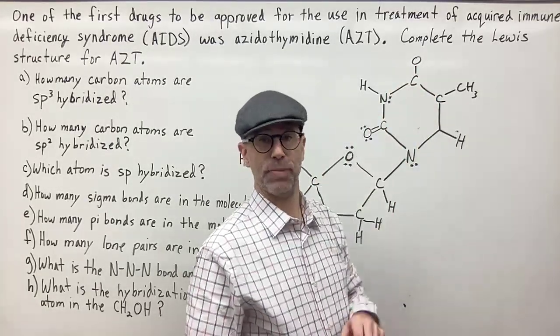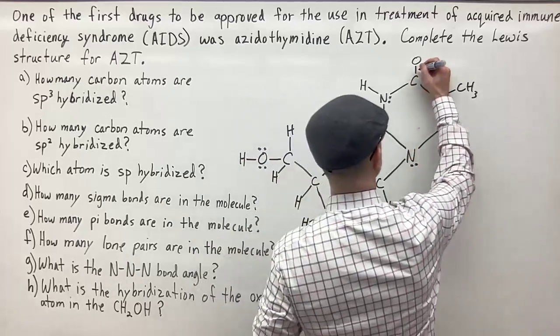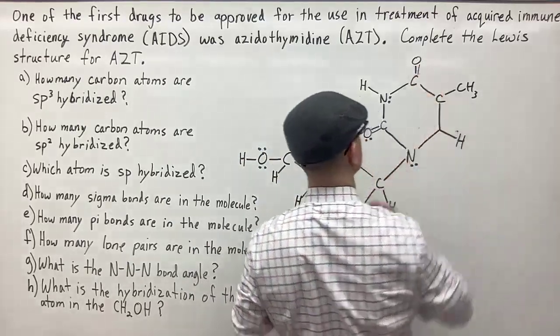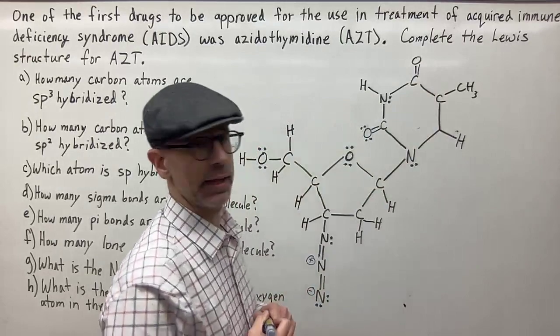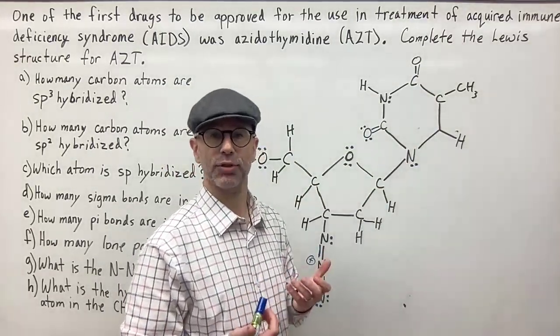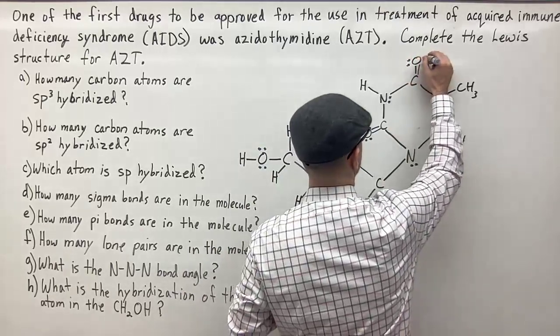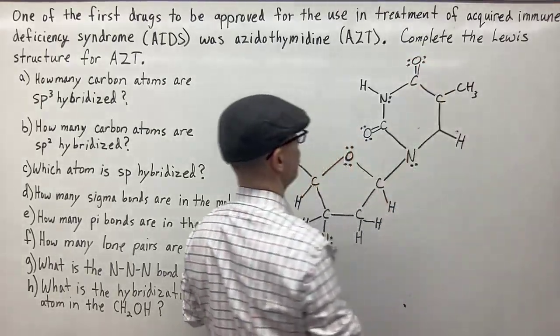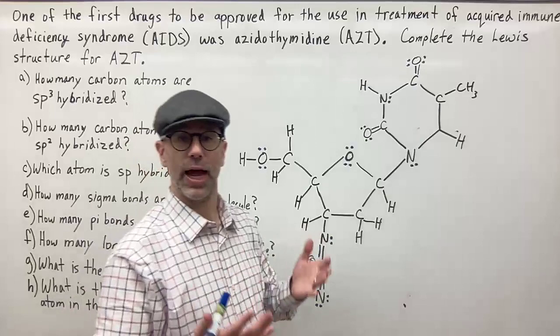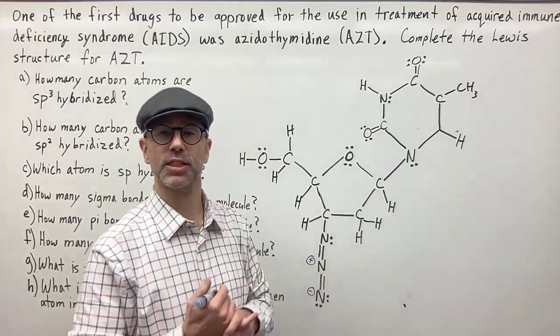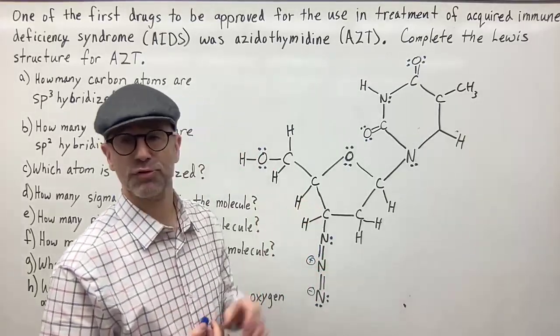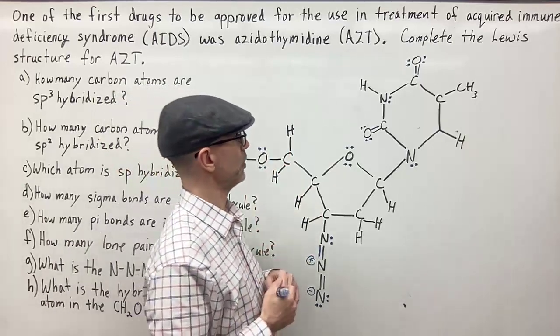Oxygen would love to have 2 bonds, so we could give a double bond there. And now the oxygen would like to have 2 lone pairs because that would give it 8. So now that oxygen is happy with 8 electrons and it fits the bonding pattern. Carbon has 4 bonds, so that's happy with 8.